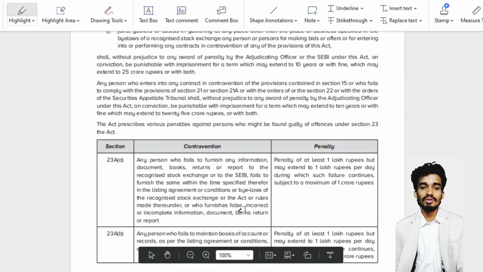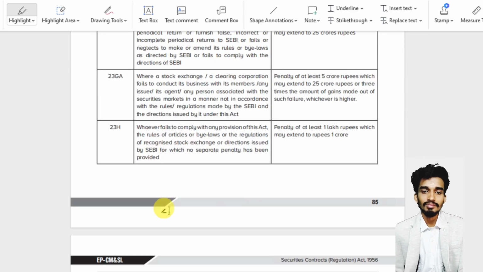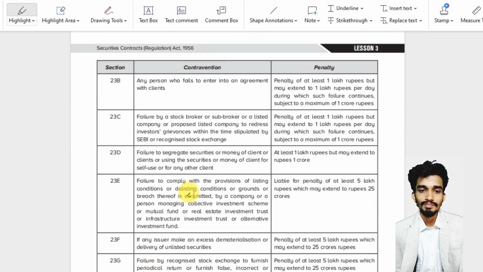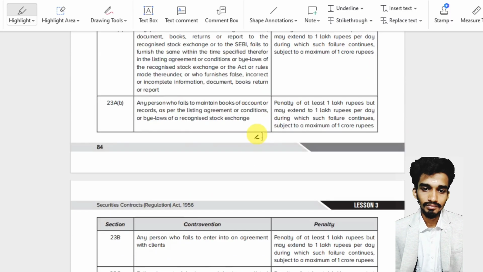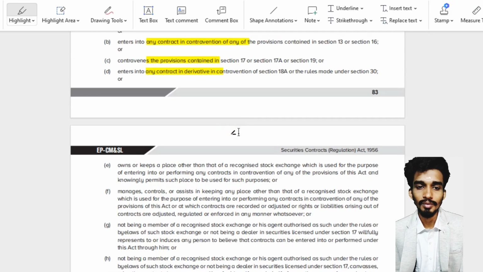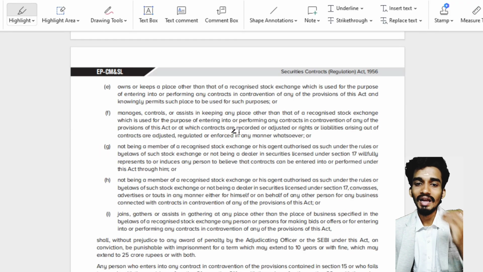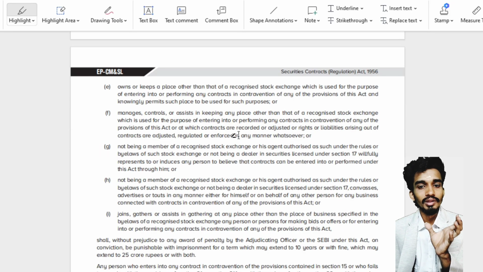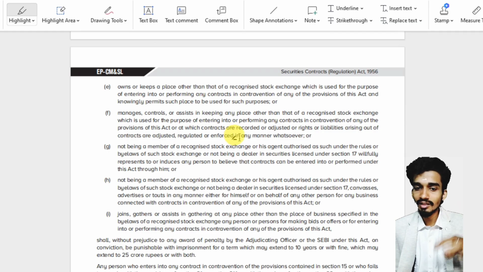They have given various penalties for various matters, but obviously, as a person, we cannot remember everything, right? But I'll give you a simple hack to remember the general penalties and the other penalties also.